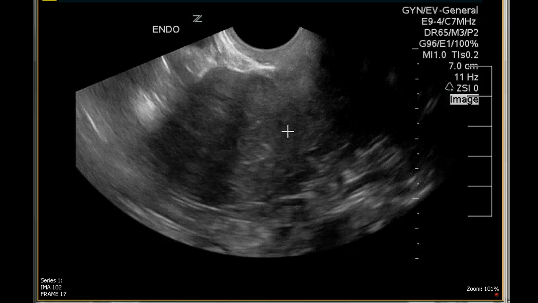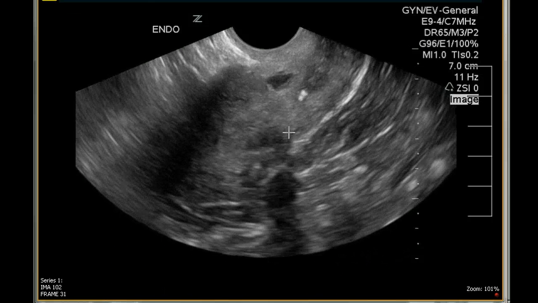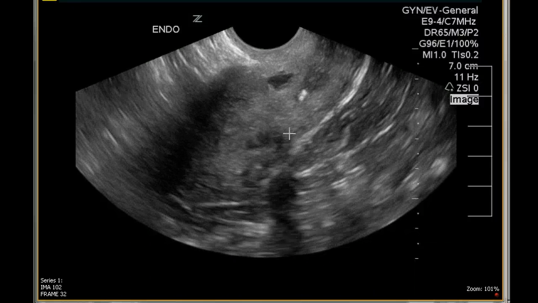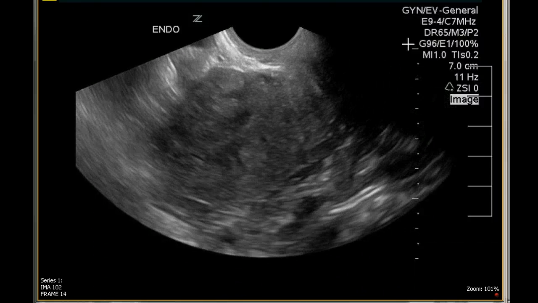So I think the endometrial canal is closer to 8.4 millimeters, which in a postmenopausal patient on hormonal therapy, we'd probably be okay with. Not on hormonal therapy, we'd want to find out whether they're bleeding to decide whether or not we want to move forward on evaluating that.